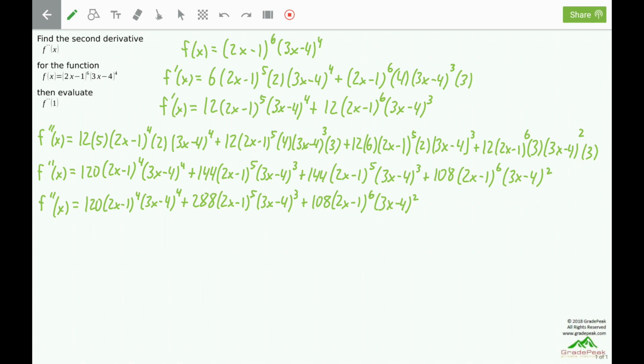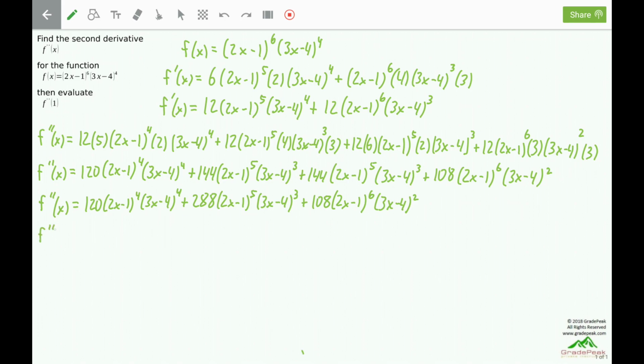If you divide 4 into 120, you get 30, into 288 we get 72, and into 108 we get 27. Each of those themselves have a common divisor of 3, so it looks like each of these is divisible by 12.